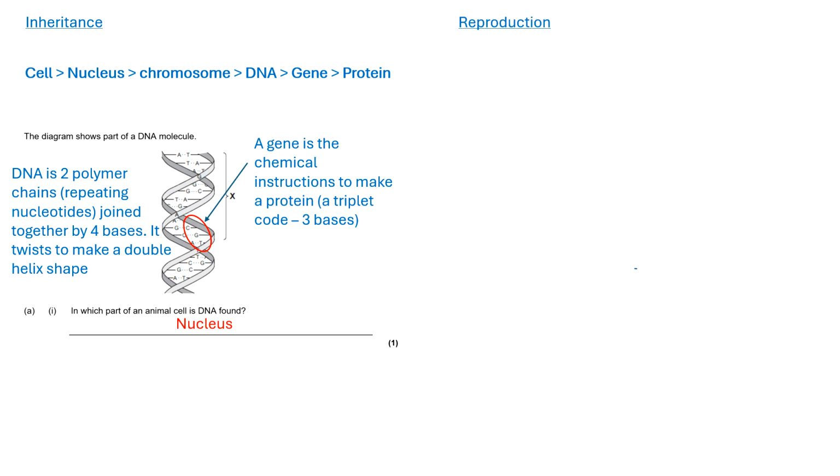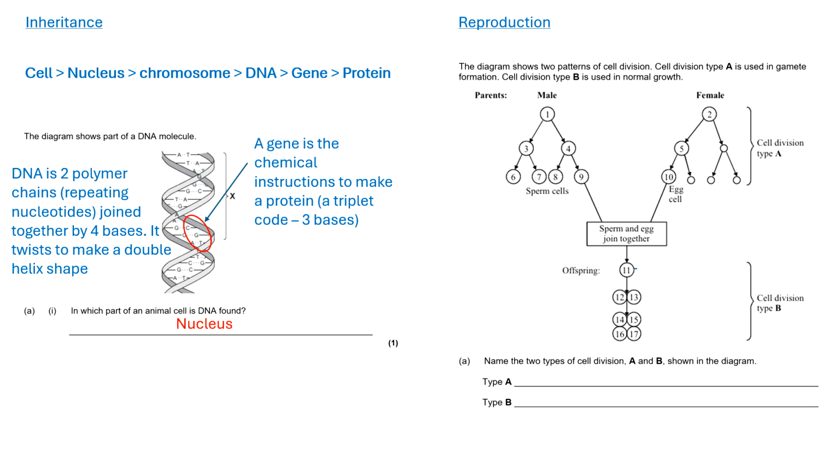We have 2 types of reproduction, and you need to be able to describe and explain the 2 types of cell production and the types of cells and offspring that it produces. We have asexual reproduction, which produces 2 genetically identical cells by mitosis.